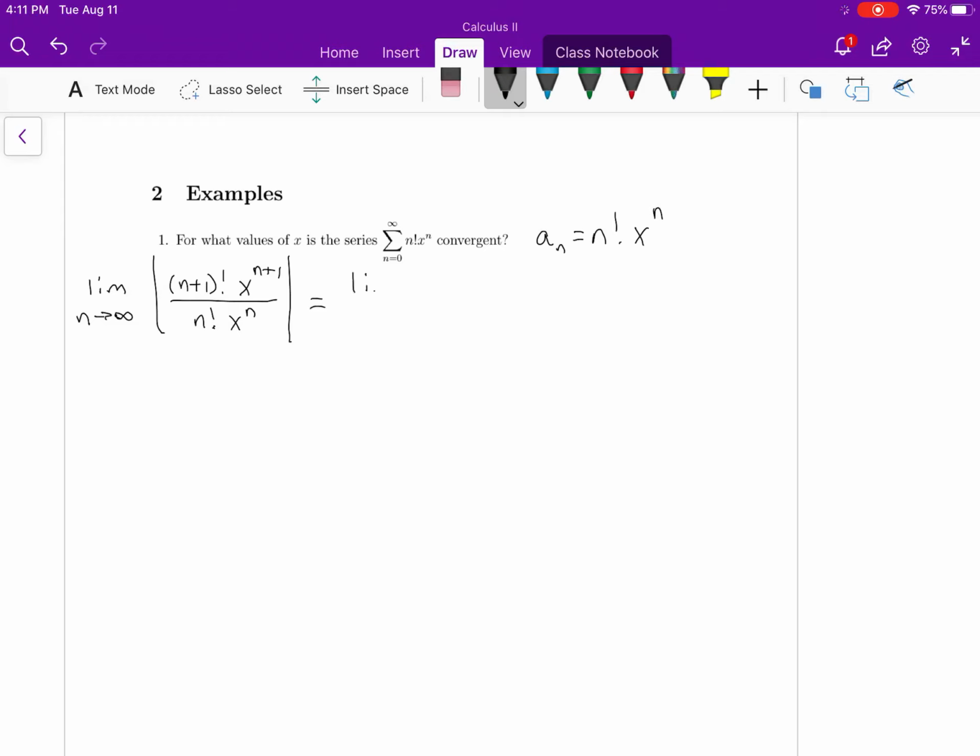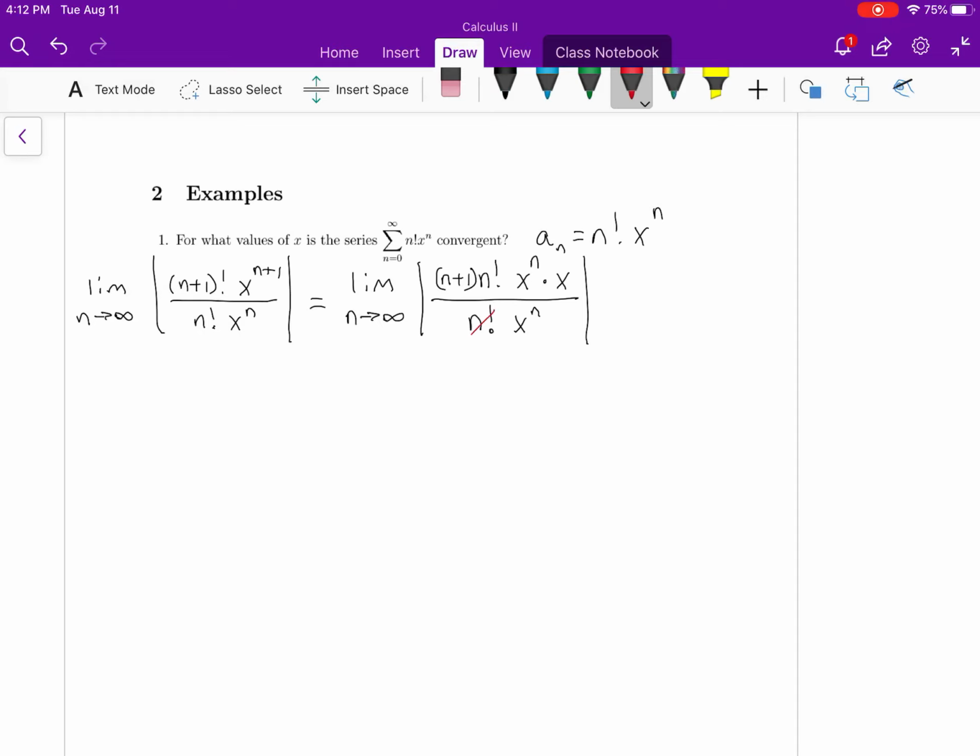Trying to manipulate and simplify brings us to the next step, which is n plus 1 factorial, I know is n plus 1 times n factorial, and x to the n plus 1 is x to the n times x. And on the bottom, I'm going to keep it as is. And I could see a few things cancel out.